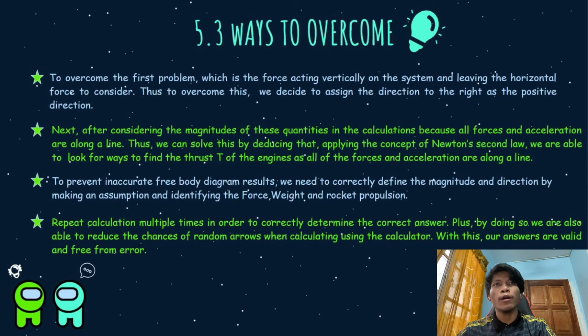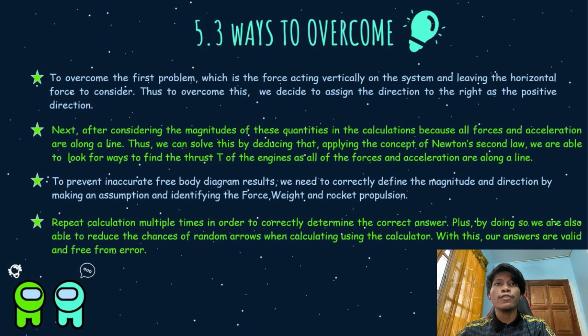To overcome the problems, there are several ways to solve them. To overcome the first problem, which is the forces acting on the system, leaving the horizontal force to consider, we decide to assign the direction to the right as the positive direction.